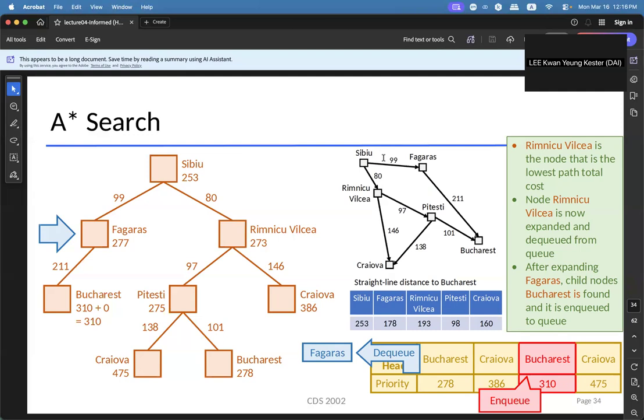The priority value is used for selecting the node for expansion in the next round. We select the node that has the smallest priority value. If you mechanically remember those rules, you can always construct the A-star search tree.